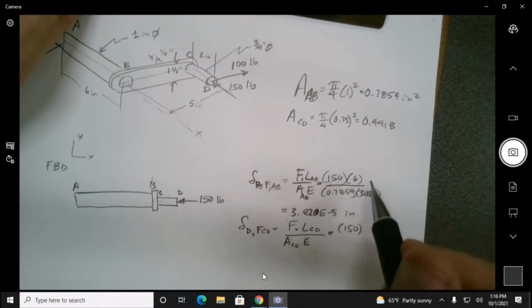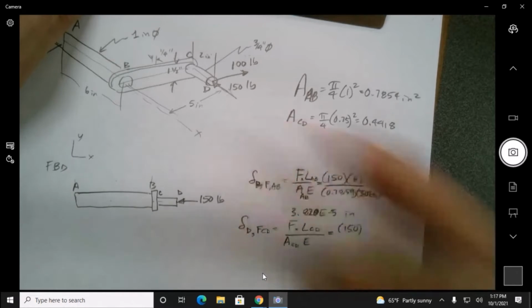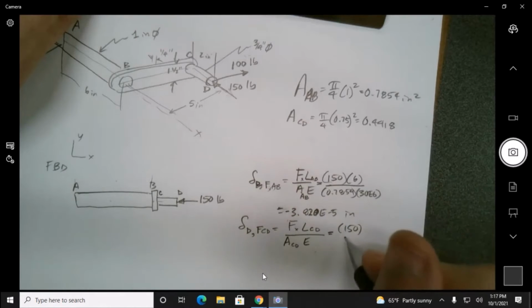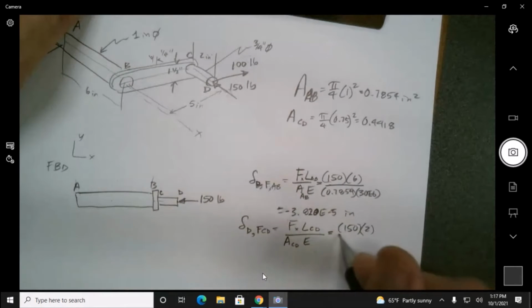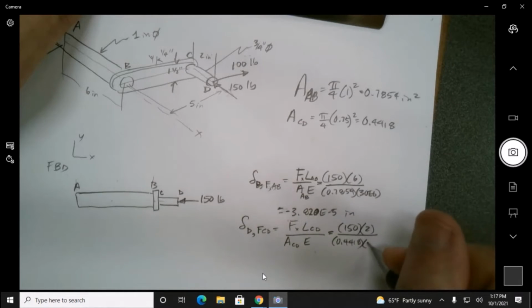150, and we might actually want to make this negative, just to remind ourselves. And this one is 2 inches long, and has an area of 0.4418 and 30E6.